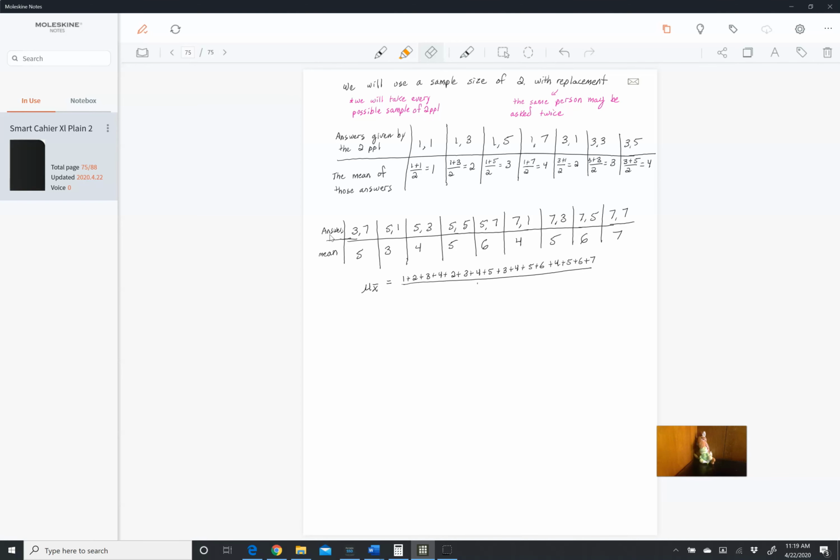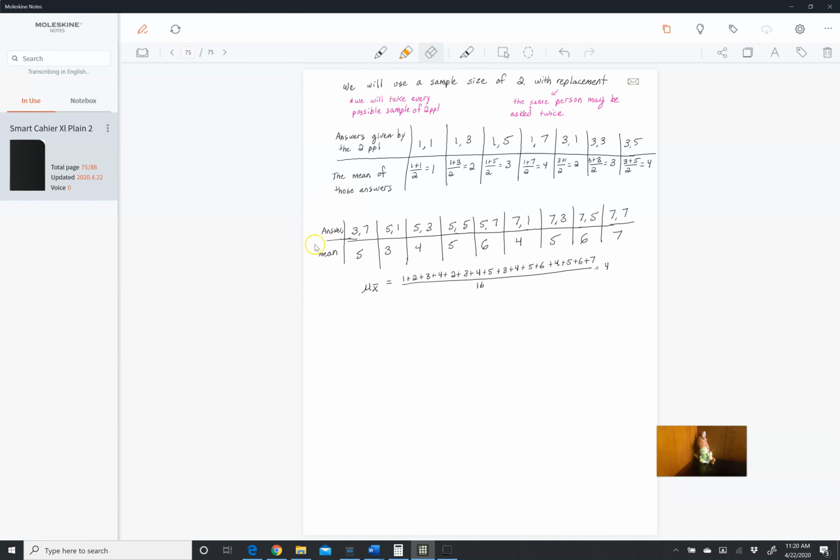This is not the only way to do this, okay? This would give us the sample means. So essentially what we're doing is we're taking the mean of all of the numbers in this second row, okay? And we should get 4 for this. Okay, but this isn't the only way to do it.